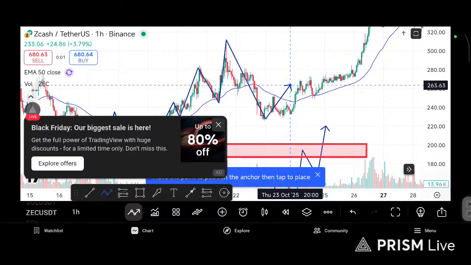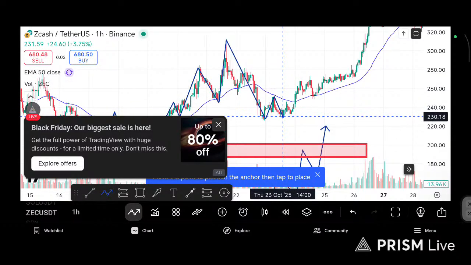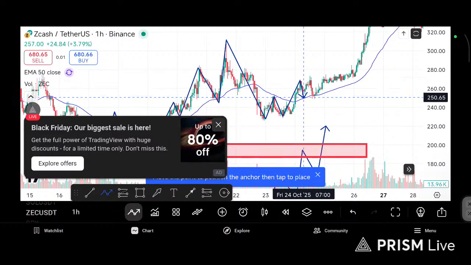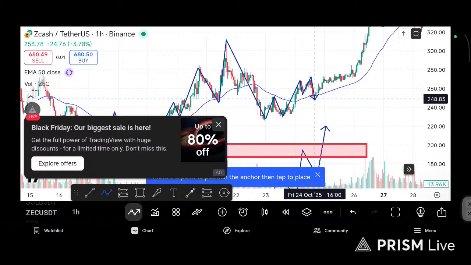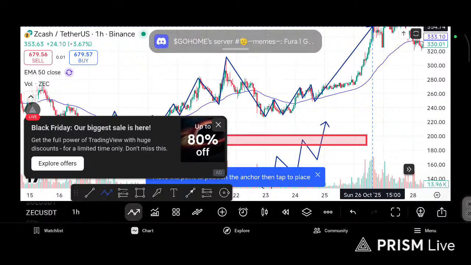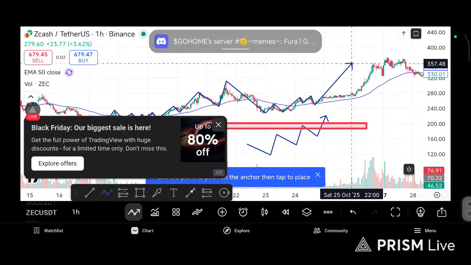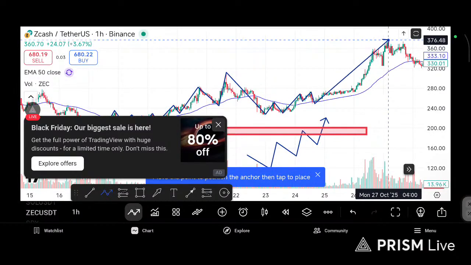Create another higher low from here. All these are small inducement. Create another one. Create another one. Boom. See what happened in the market.